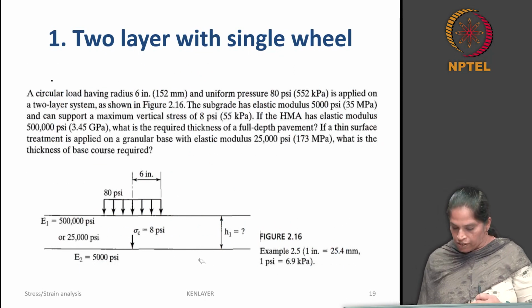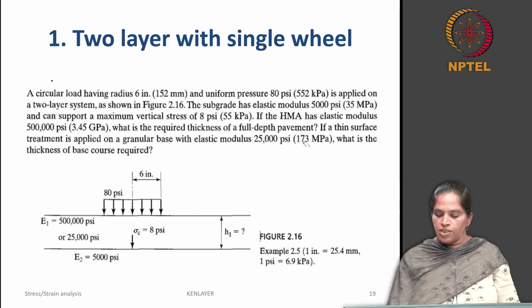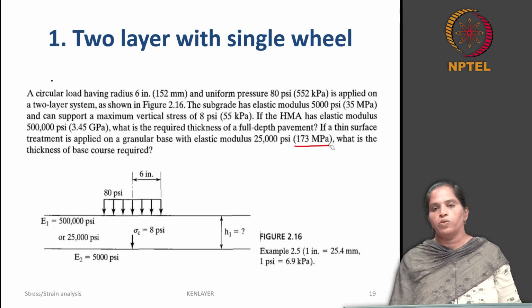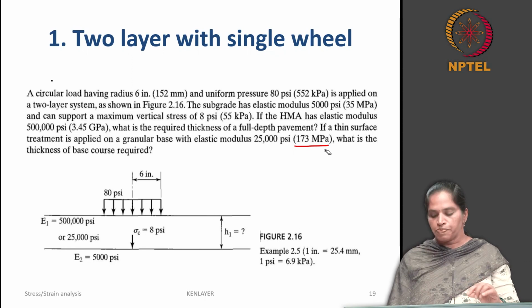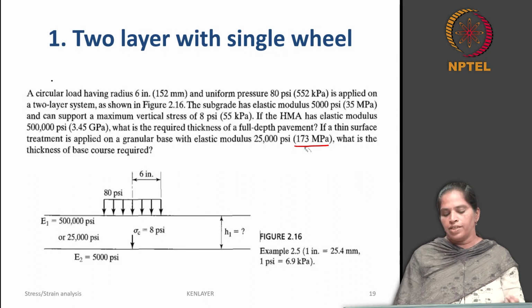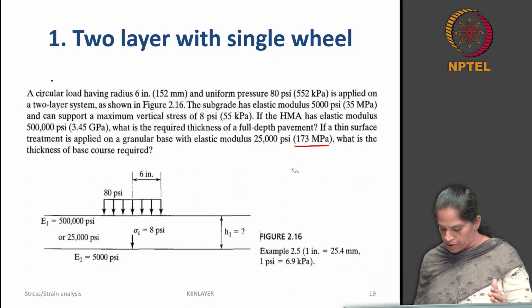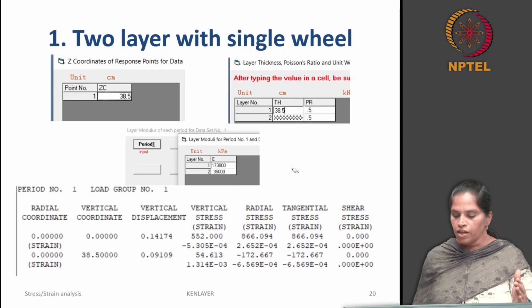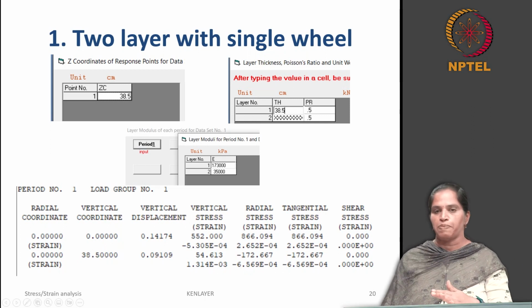In the second part of the numerical, instead of a surface layer, if we use a base layer of 173 megapascal, then what is the thickness of the base course? As the modulus is less compared to the previous problem, we will try and change the parameters.